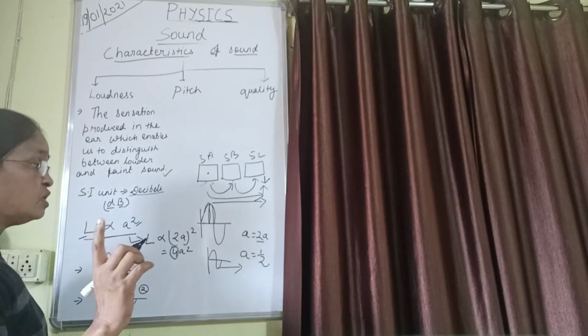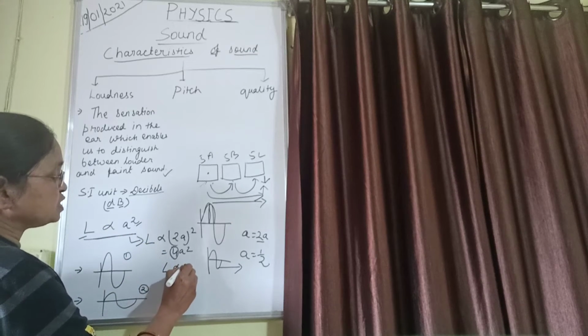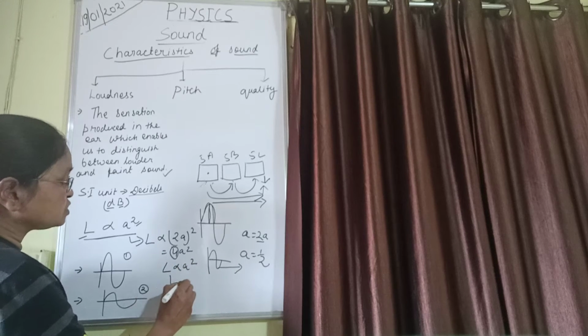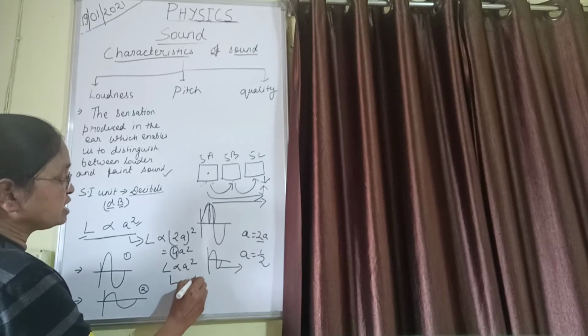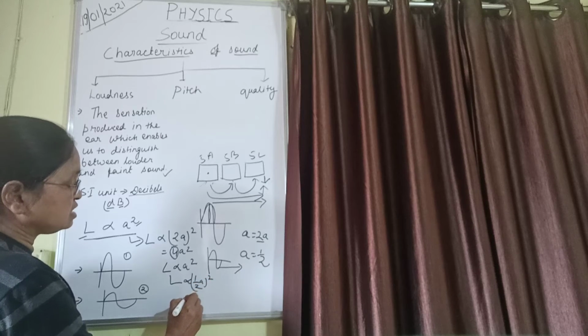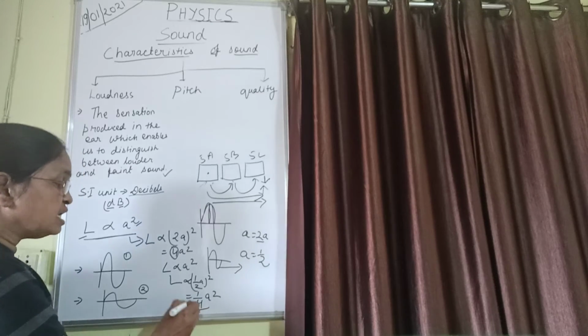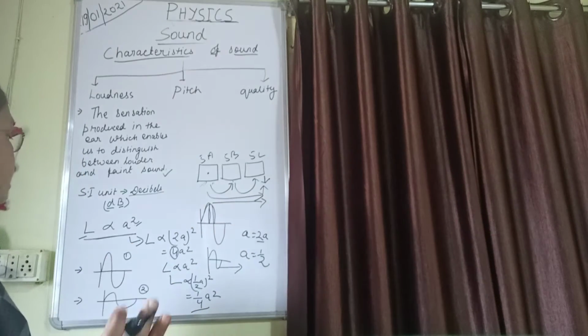Loudness decreases to 1/4. Loudness is directly proportional to amplitude square, so we write (A/2) whole square, which is equal to 1/4 of A square. So it decreases to 1/4.